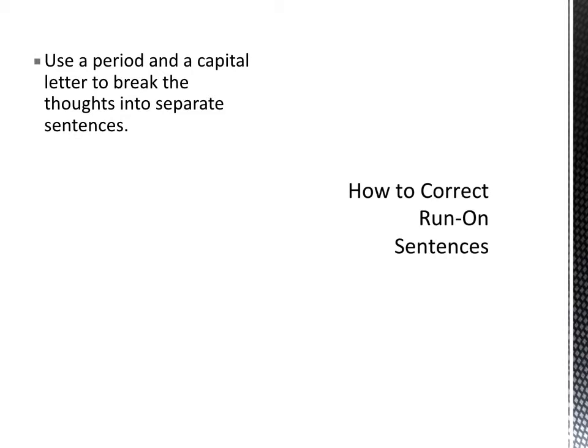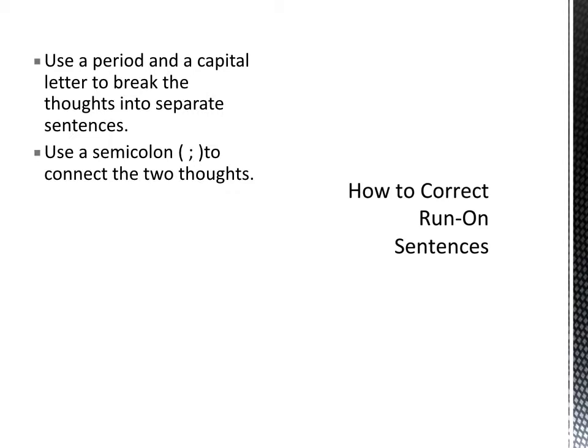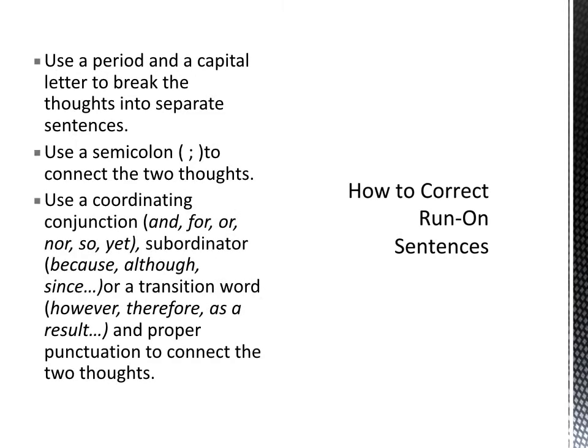Use a period and a capital letter to break the thoughts up. We also talked about how you can use a semicolon to connect two thoughts into a formal compound sentence. You can use connecting words like coordinating conjunctions, subordinating conjunctions, or transition words with the proper punctuation to connect those two thoughts together.